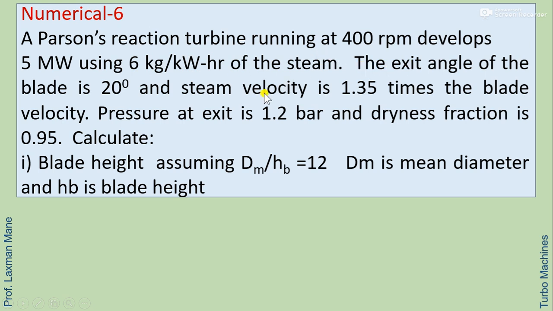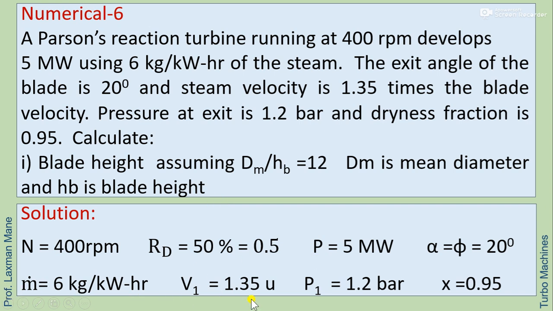Rest of the things are as usual: exit angle, steam velocity 1.3 times blade velocity, pressure at exit 1.25 bar, dryness fraction is given 0.95. So in this case again the steam is not dry, it is wet. And blade height, assuming ratio of diameter to blade height 12. This again we have to use in the numerical, where dm is mean diameter and hb is blade height.